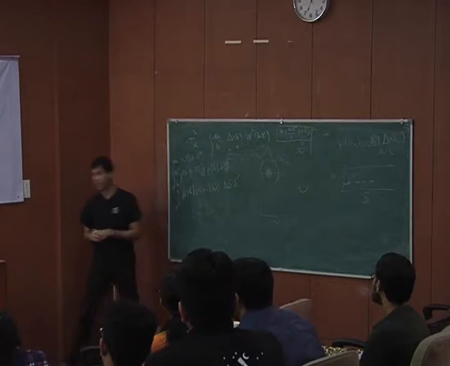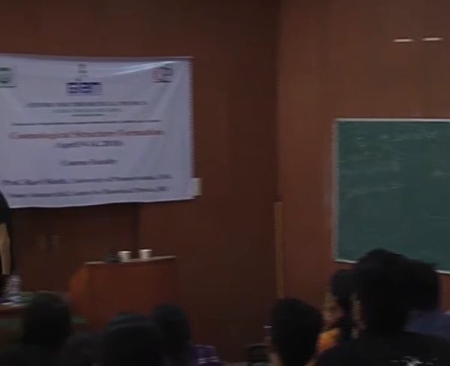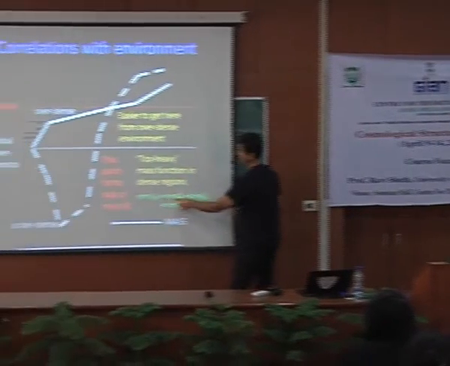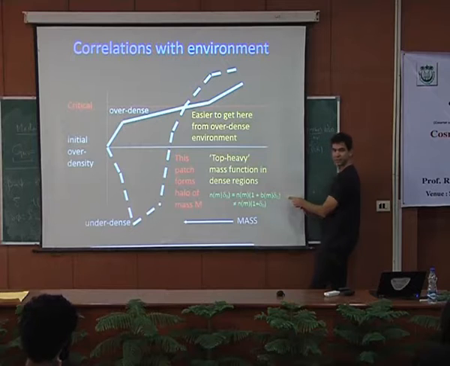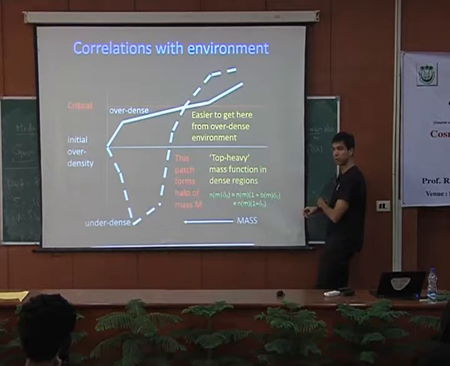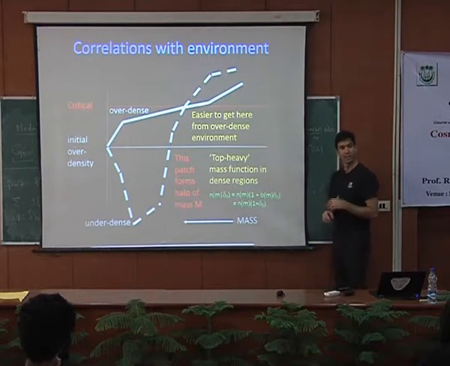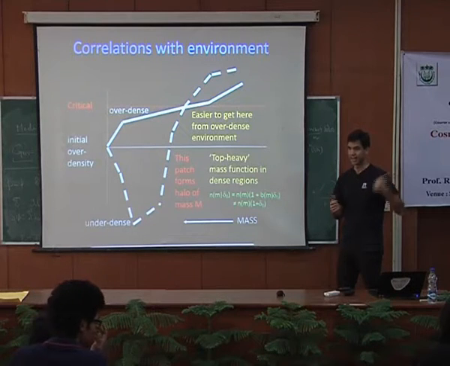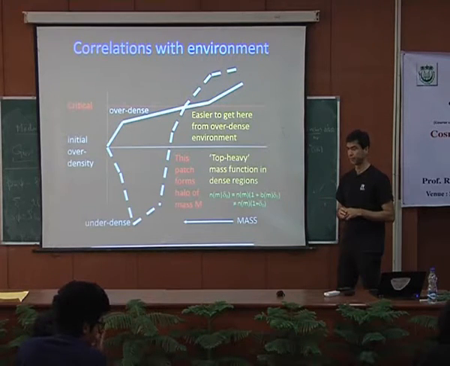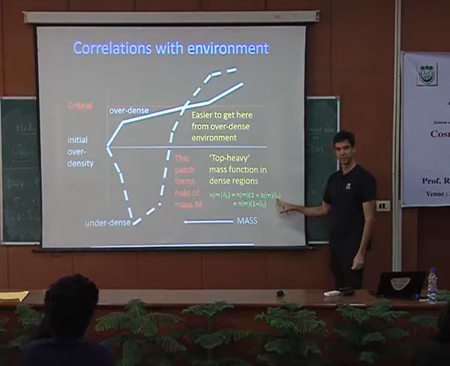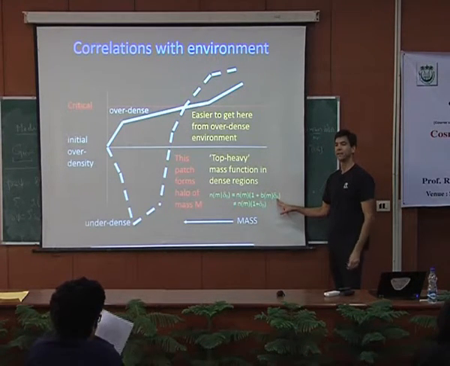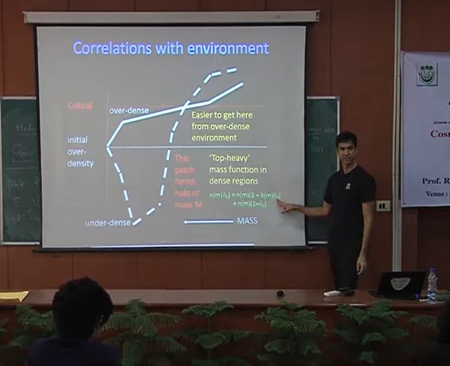Okay? And so that means that the mass function will be the universal one plus a correction for that small number plus a correction for that small number squared and so on. So we can just do an expansion in that constraint. And the coefficient of that expansion is called the bias factor.